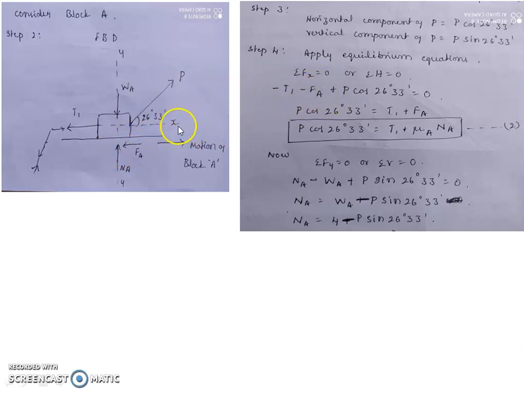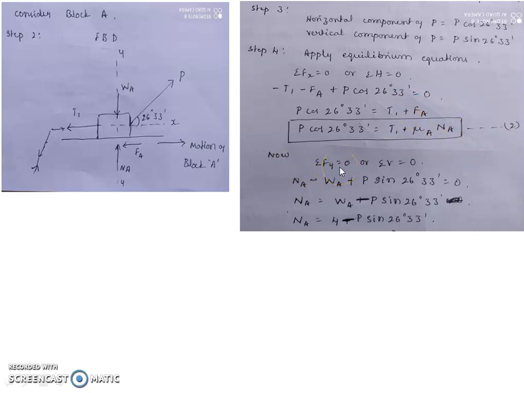If I resolve P towards the x direction, it is acting towards the right side, hence it is positive, P cos 26 degree 33 minute. So P cos 26 degree 33 minute is equal to T1 plus mu A into NA. That is, I substituted for FA here.